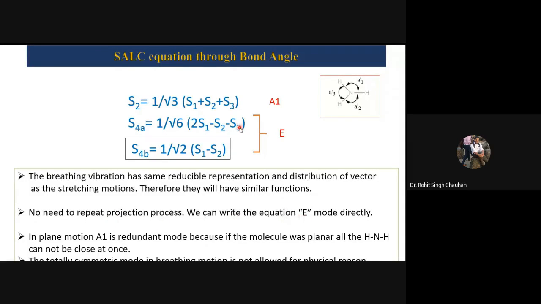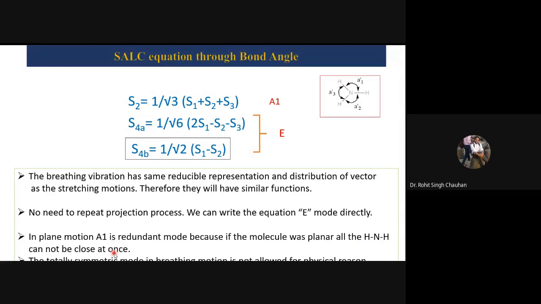Why not A1? Always remember here this A1 is redundant. This A1 is not because of in plane motion. Redundant means it is something like inefficient or unnecessary, something like noise. So A1 is a redundant mode, because if the molecule was planar, then all the H and H cannot be closer at once.